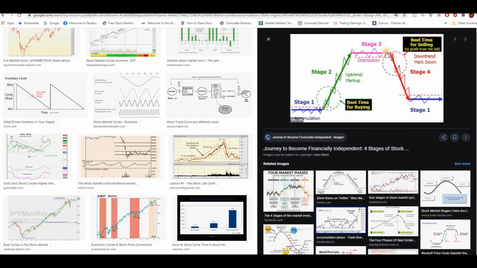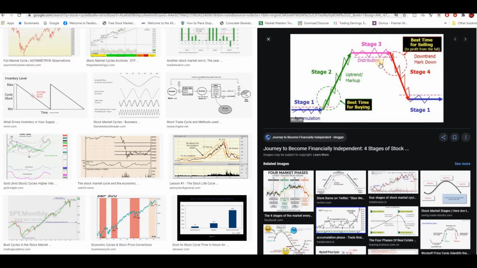It won't have the gas to push any further higher, and then after that you will see a break of that support right on that stage 3. And then from there it will continue going lower by making lower lows and lower highs, and then the cycle will start again from the beginning.